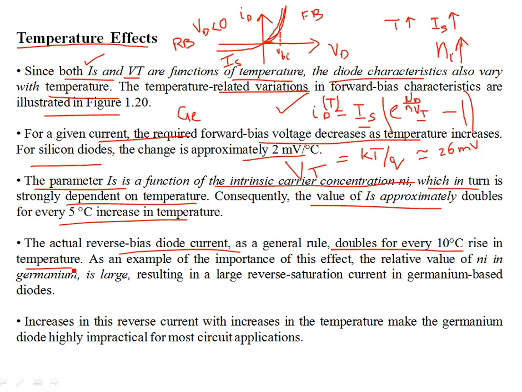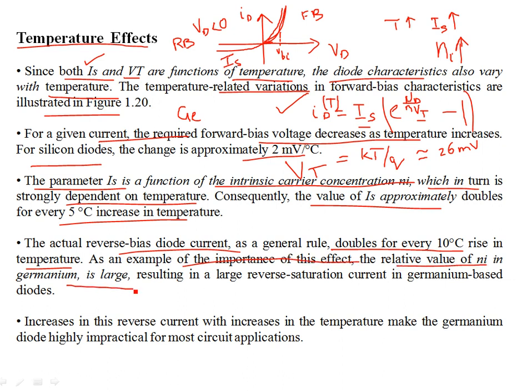It might not be a very good voltage controlled switch then, because if you reverse bias the polarity, the reverse saturation current has to be negligible. But if it is increasing, and the carrier concentration is increasing, then it makes the device of less practical importance.